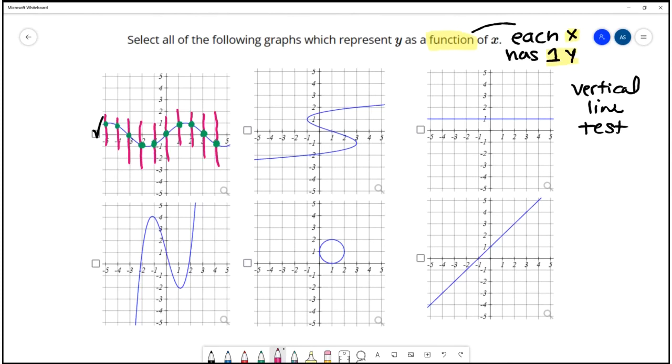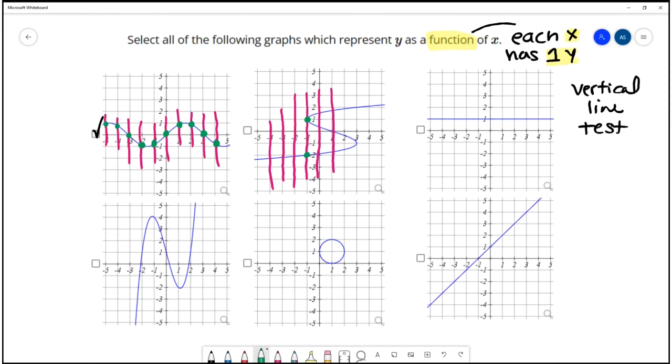So let's do the same thing for the next graph. If I draw vertical lines, I'm going to pay attention to the intersection points. And I'll notice that on this vertical line, I have two intersection points.